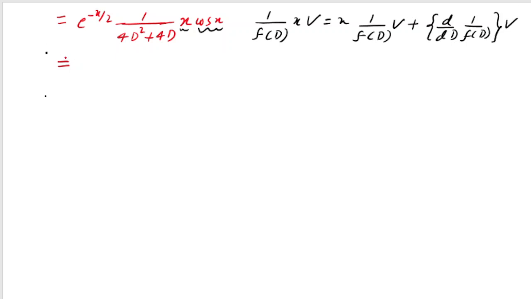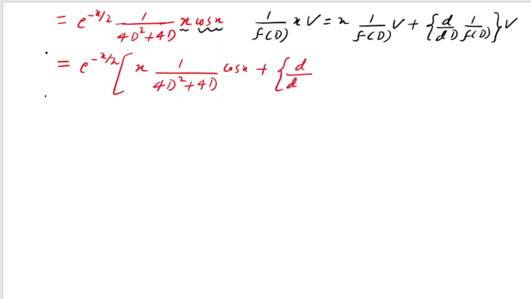If I continue here, I will get e to the power minus x by 2, and it will be x out, and I will operate 1 by 4D square plus 4D on cos x, and plus here I will write d by dD of 1 by 4D square plus 4D, and that I need to operate on cos x.